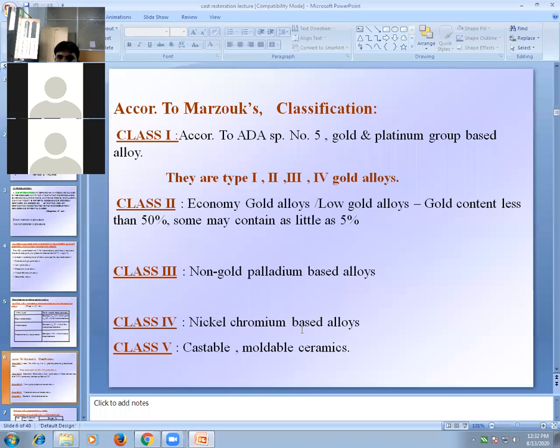Generally, we use class 1 for the preparation of inlays and onlays. Class 2 is the economy gold alloy or low gold alloy. Here, the gold content is less than 50%, or some may contain a very little amount of gold, that is 5%. Class 3 is non-gold palladium based alloy. Class 4 is a nickel chromium based alloy. Class 5 is a castable moldable ceramic.